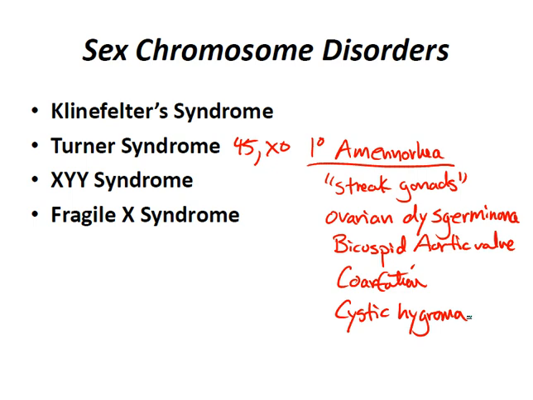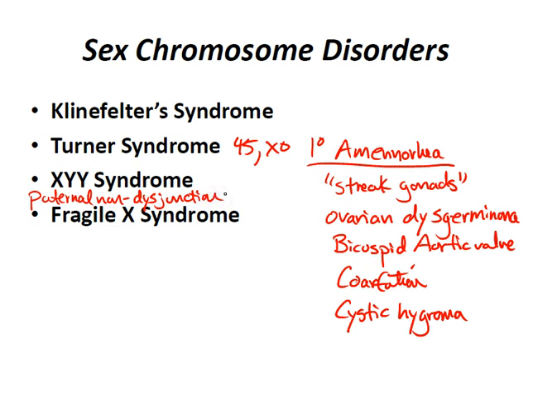So let's talk about the XYY syndrome. This is about 1 in 1,000, and it's 47,XYY males with aggressive behavior. Its cause is paternal nondisjunction.